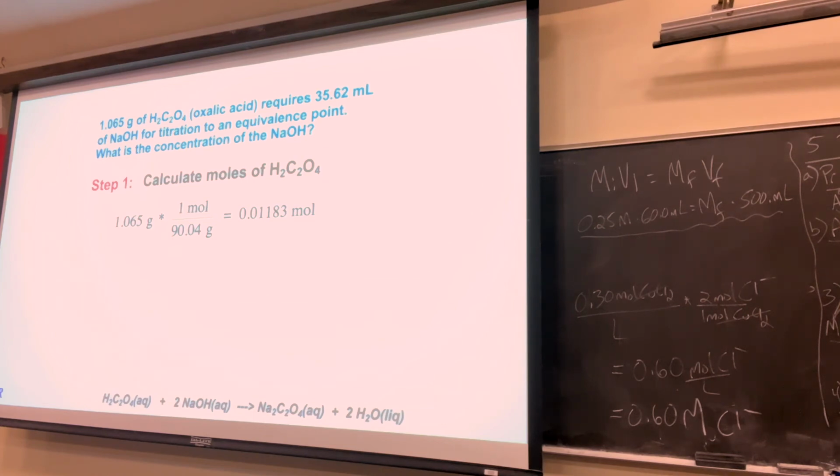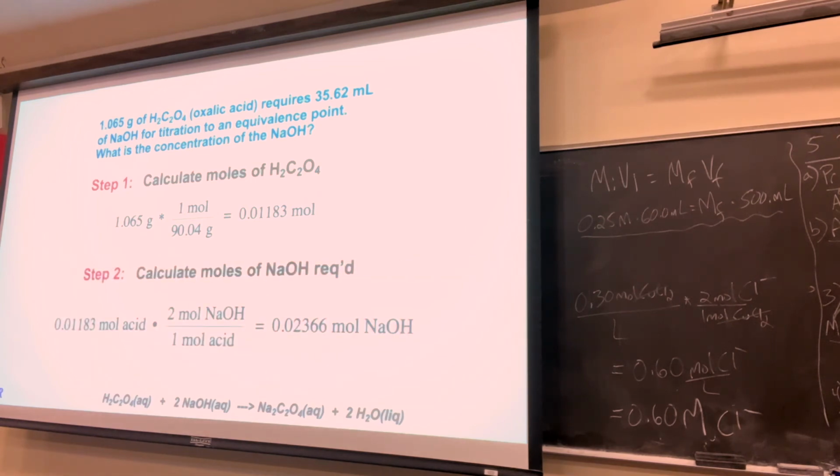And once you have moles of oxalic acid, we can use the balanced equation. Down here it says 1 oxalic acid needs 2 sodium hydroxides to react. So if we take that moles of oxalic acid and multiply by 2 over 1, remember this is the acid, this is the sodium hydroxide, that will tell us the moles of sodium hydroxide needed to get to that equivalence point where we stop.